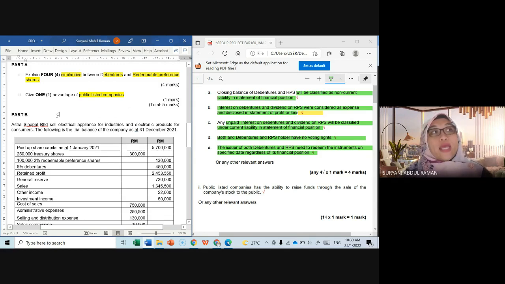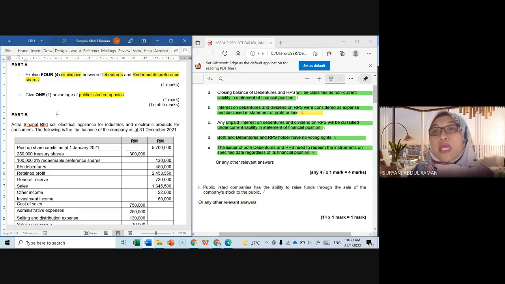So when they have that advantage, in consequence, the impact is that the company can raise more capital because the market is expanded.